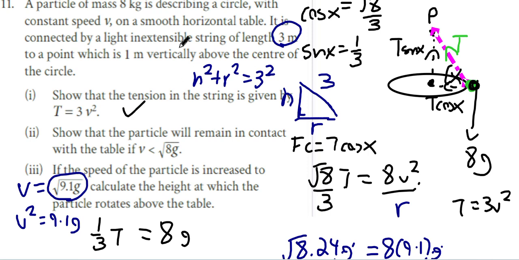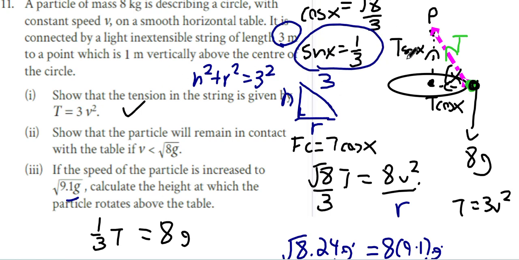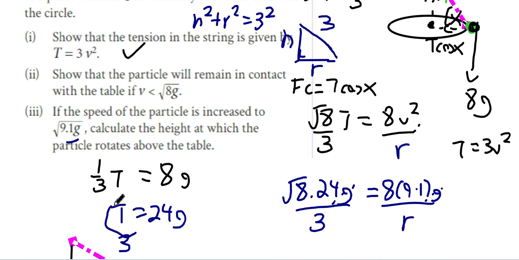So I'm quickly gonna run through the full thing from scratch nearly, okay? Is everybody happy that 1/3 t is 8g? The sine value is a third. T sine x up versus down. So I think we're all pretty happy with t is 24g. I think we've just cleared that, have we? Is that all right?